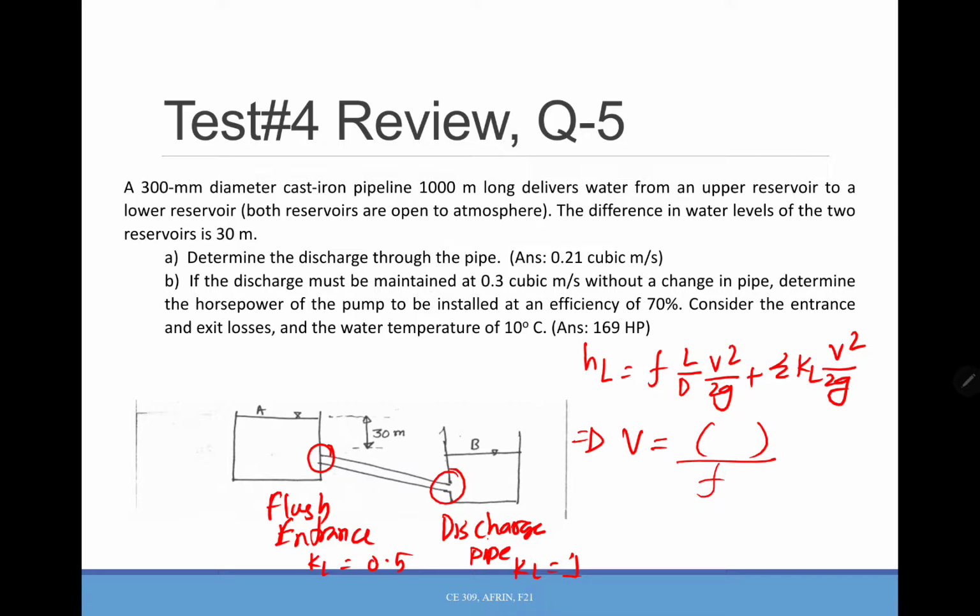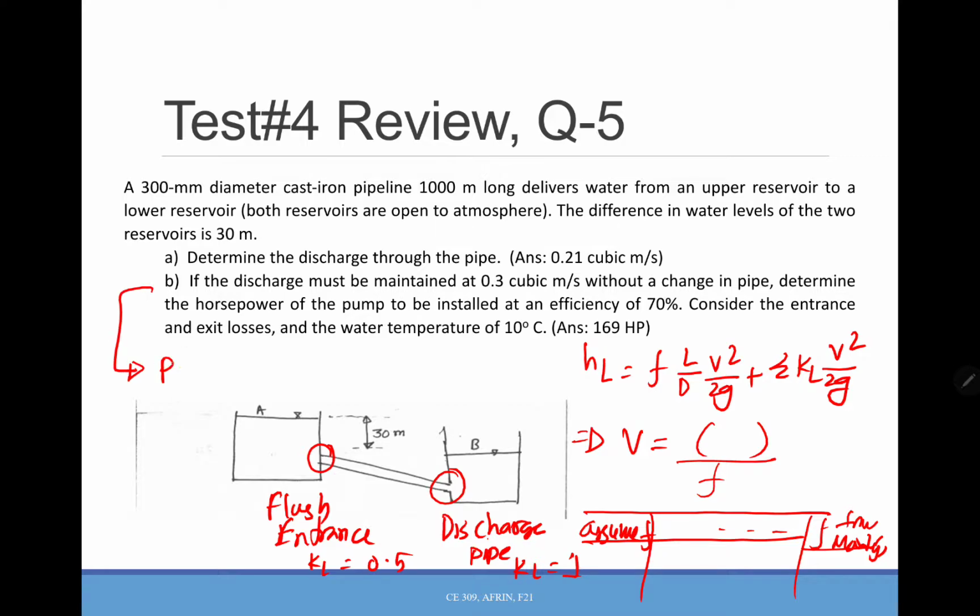Once you have that f, you need to make a table where you assume f and finally find f from the Moody diagram. Okay, and once you know the f, you will get the Q, and for part 2, power is gamma Q H.